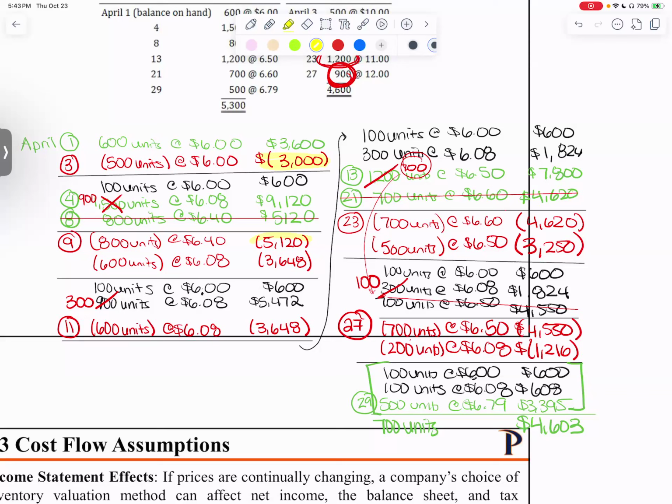So 3,000, 5,000, 3,000, another 3,600, two more here, and two more here. So if we add all of that up, we will get cost of goods sold of $29,052.